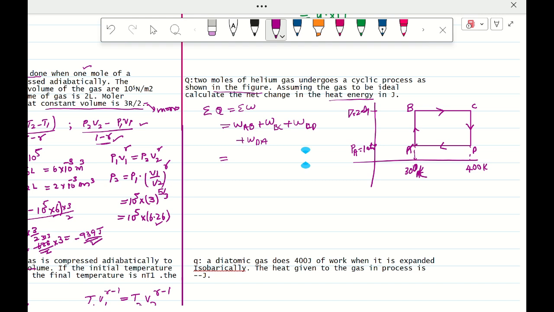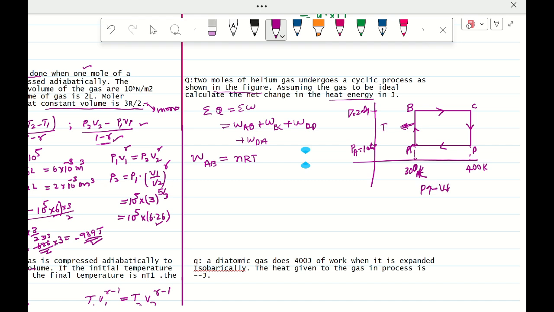So the AB process, I thought, is isothermal expansion, nRT into... but this is not expansion, because at constant temperature the pressure is increasing along AB. So pressure increases, and according to Boyle's law, volume decreases.